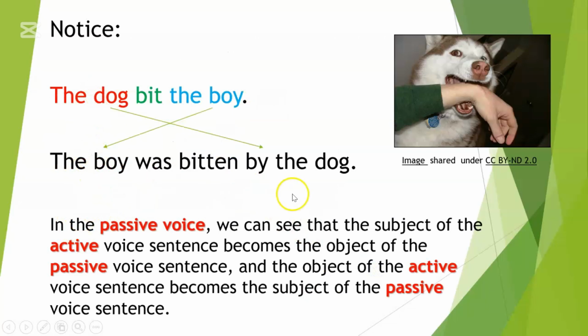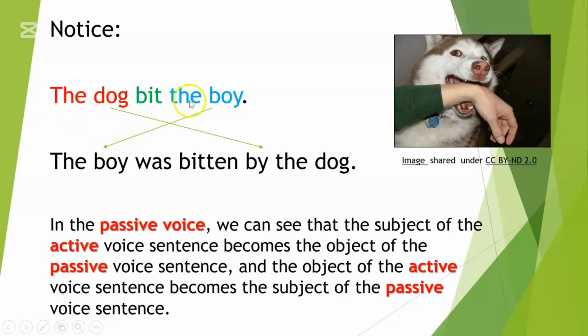So here again we see the sentences, and take note of this. In the passive voice, we can see that the subject of the active voice sentence becomes the object of the passive voice sentence, and the object of the active voice sentence becomes the subject of the passive voice sentence.